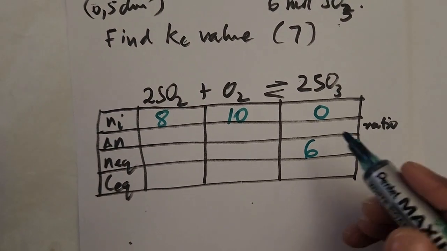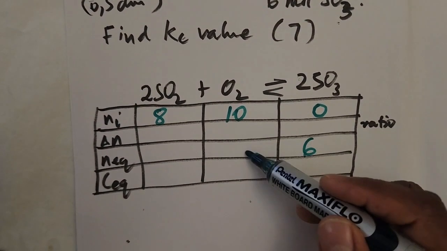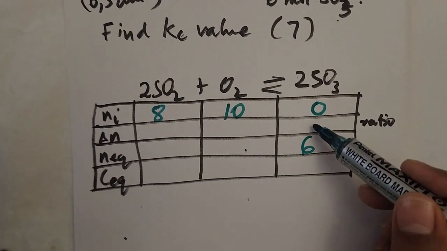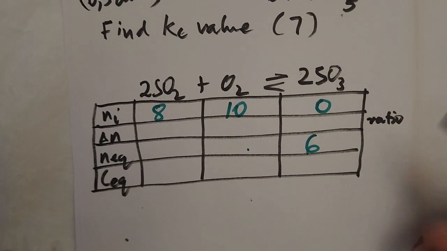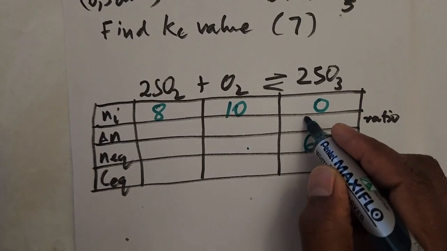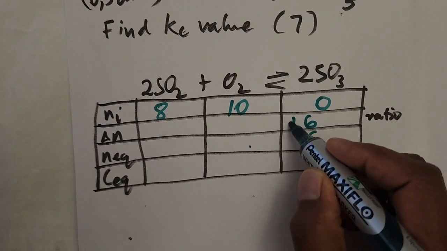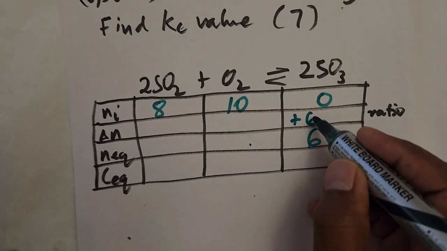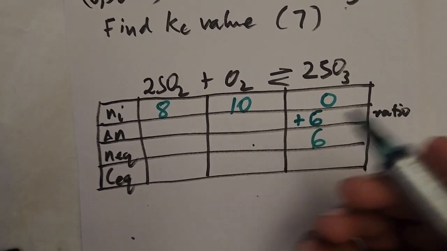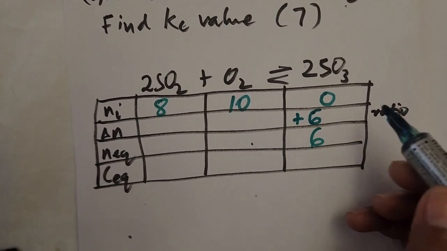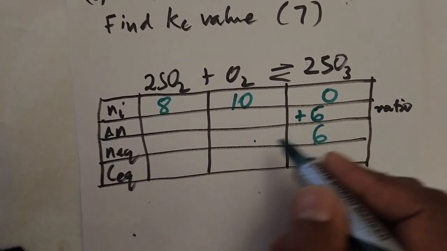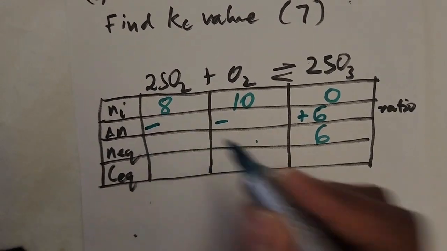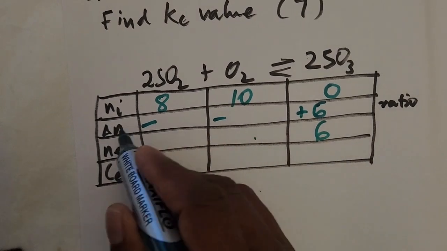Fine. Then we start where we know most. If we start with 0, we don't know how much we produce, but we end up with 6. Therefore, it means that we have produced 6 moles. People put negatives and positives as a way of making it easier to work with this. If we produce products, there will be a plus, and the reactants will be negative. But we are using the ratio here.